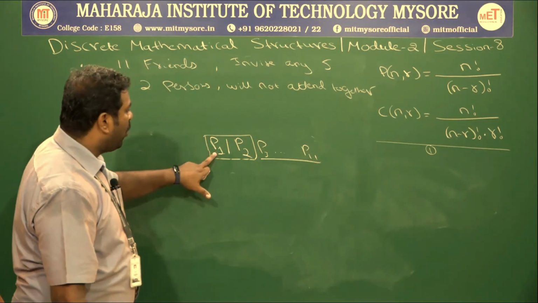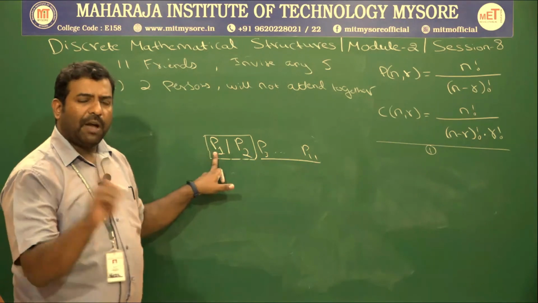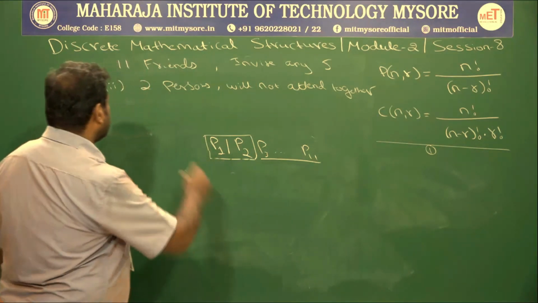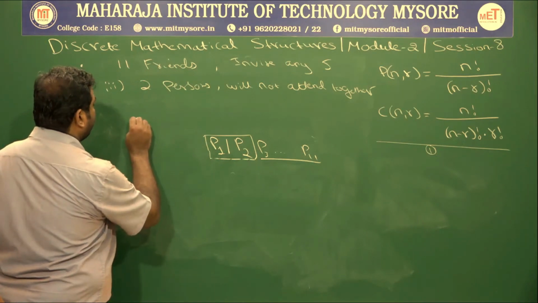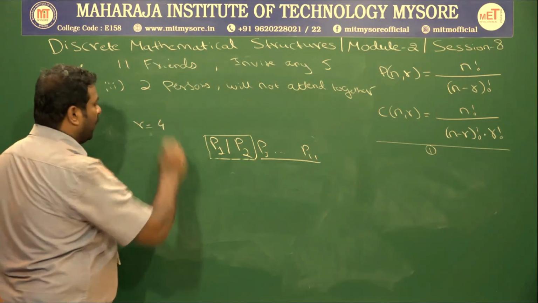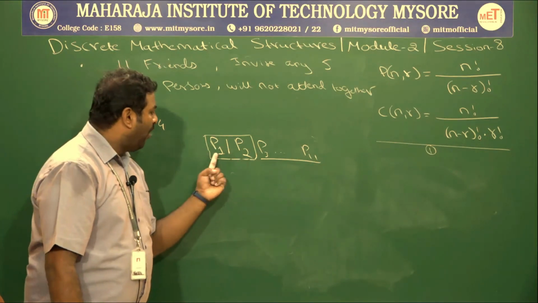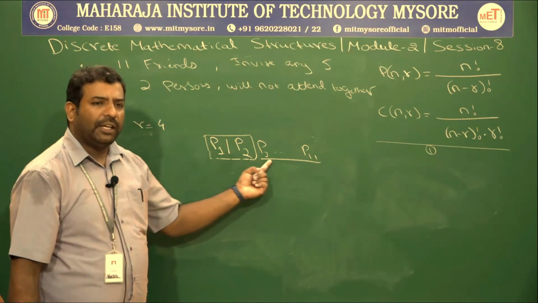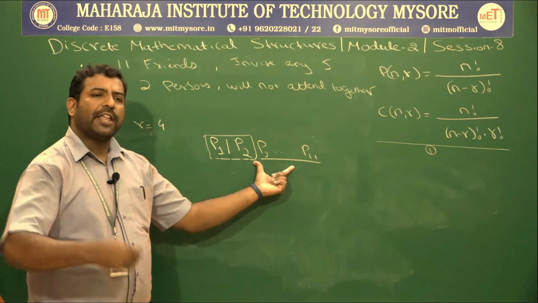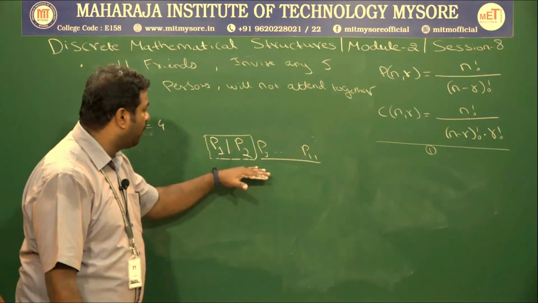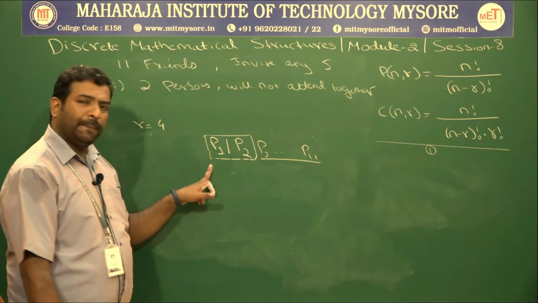Now if I am going to invite P1, my one invite is done. I need to invite 5, and I have already invited 1, so I need to invite 4 more people. Hence r is going to be 4, because I have already invited P1.